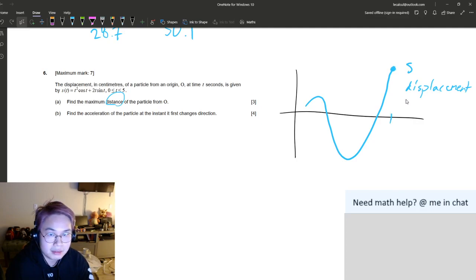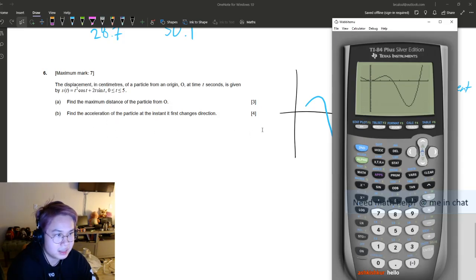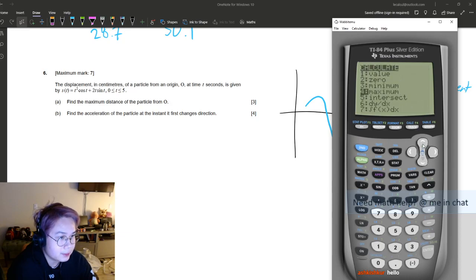which was at non-including 6. Wait, hold on, I can't see. At 5. So I need to see if this y value is absolutely larger than the absolute value of this minimum here. And this is easily calculatable, because we can just find the minimum.